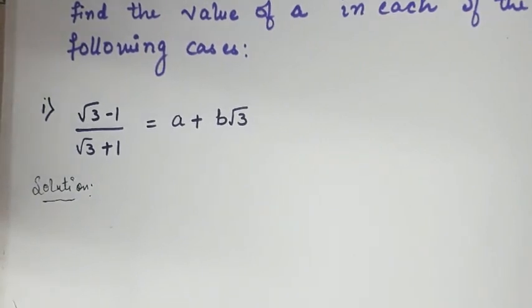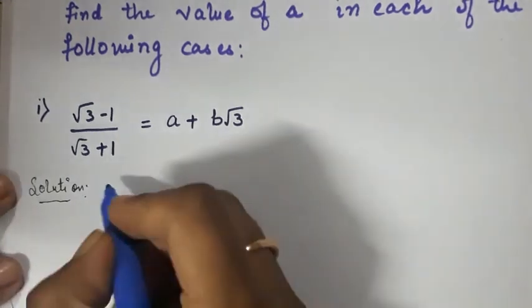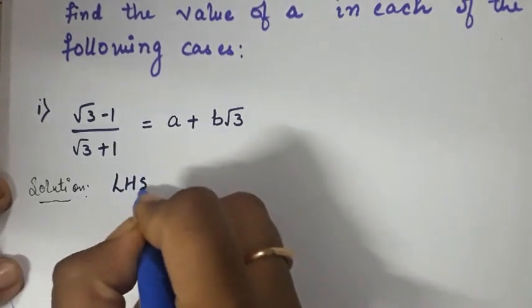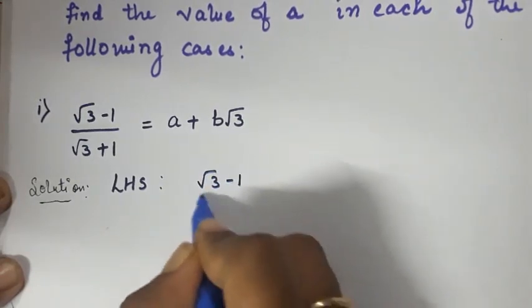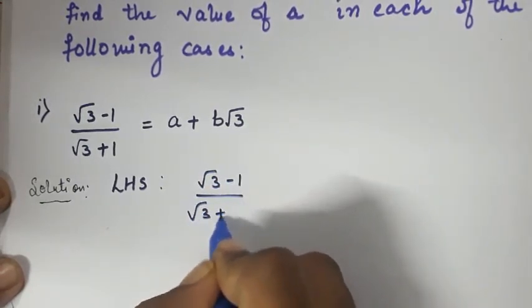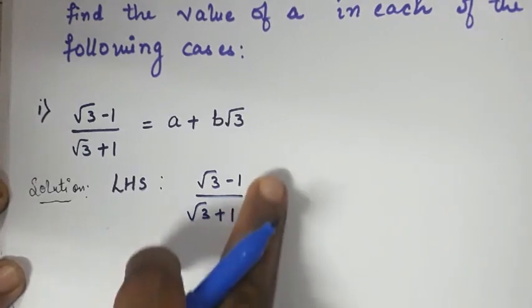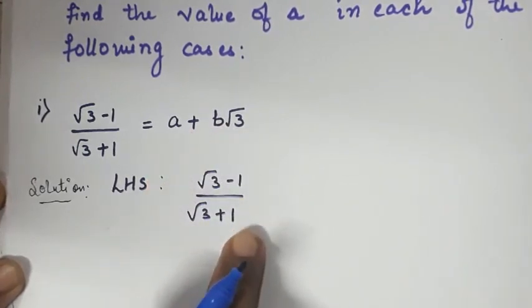Students, first of all we will take the left hand side, that is root 3 minus 1 upon root 3 plus 1. First of all we will try to rationalize it.